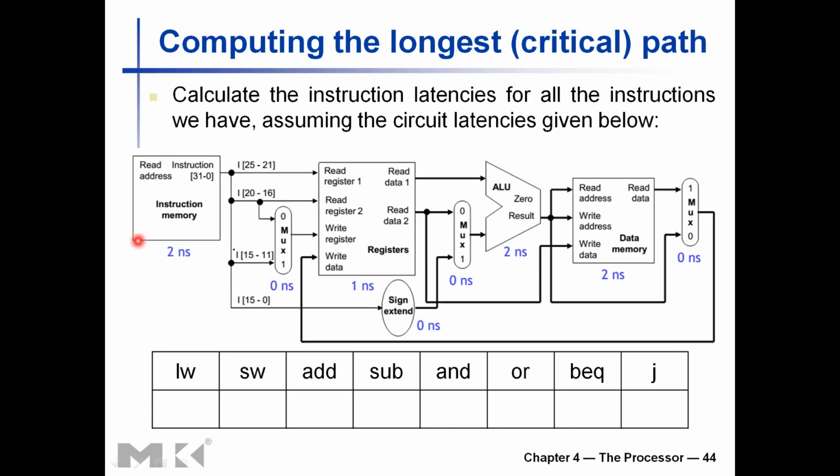So it will take 2 nanoseconds for the instruction to come into the control unit for these bus lines to get updated. And it will read the register, 1 nanosecond to read the base address register value. That is 3 nanoseconds total now, because we neglected the time taken by the multiplexer.